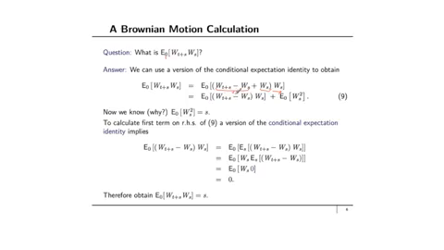Let's deal with this one first. I claim that the expected value of W(s) squared is equal to s. How do I know that? Well, I know that s is equal to the variance of W(s).